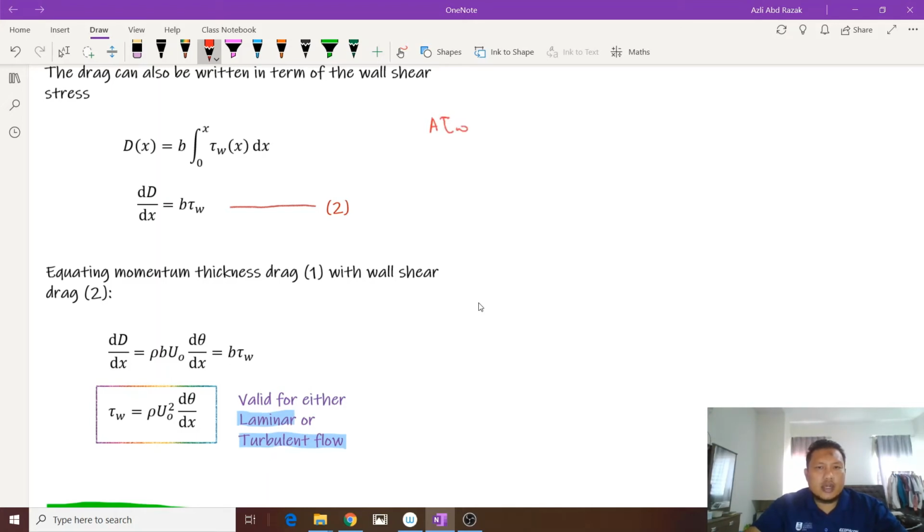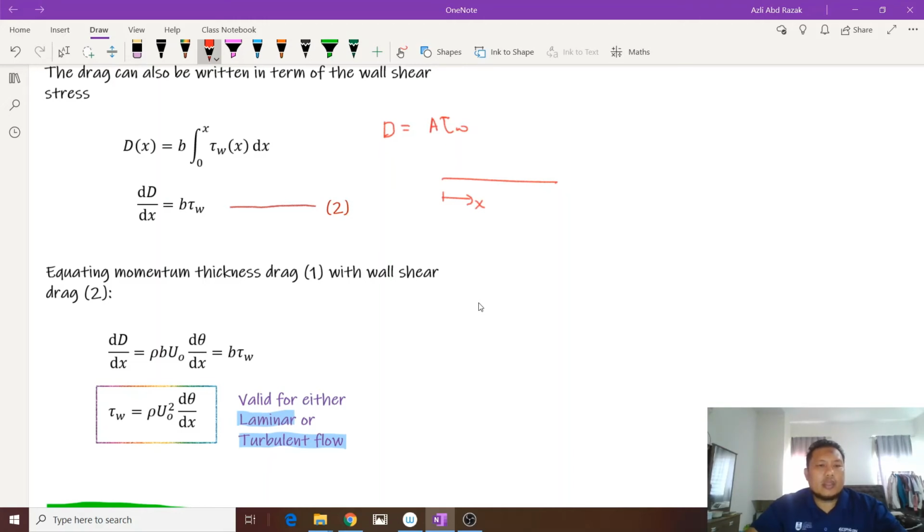Now if you simplify this, because it is with respect to the distance along the flat plate, we don't know where x is, so we say this is a change with x. So d dx is equal to b tau w. I put this as equation number 2.